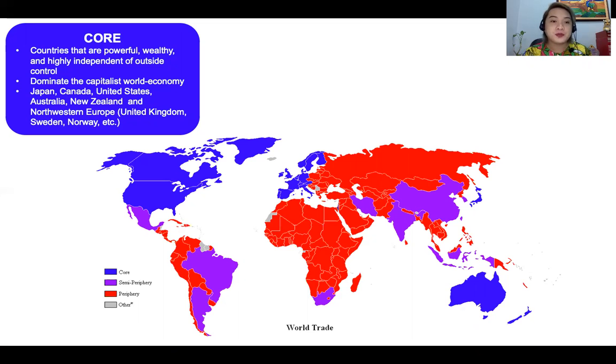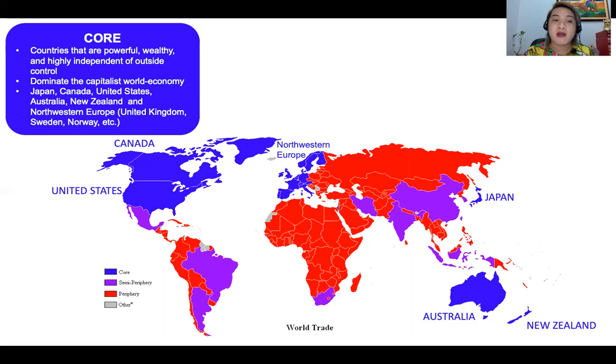And these are the countries: Japan, Canada, the United States of America, Australia, New Zealand, and Northwestern Europe, which includes the United Kingdom, Sweden, Norway, and so on. These are the countries that we call the core.